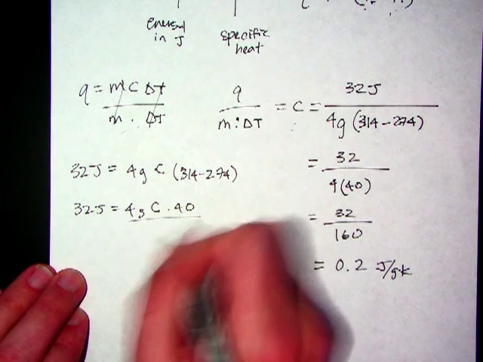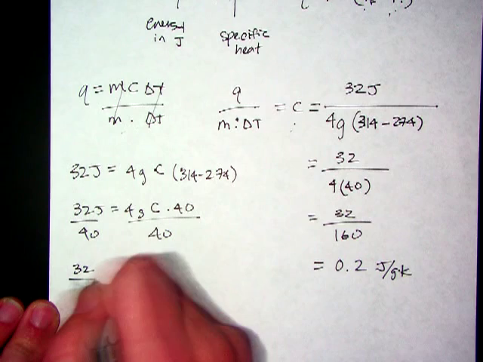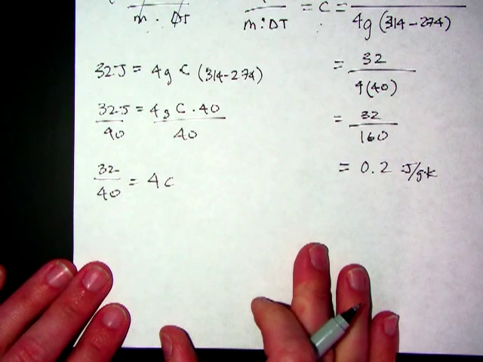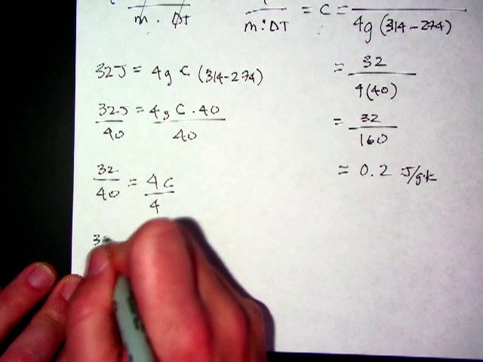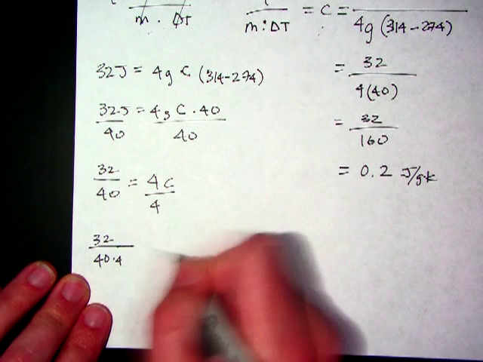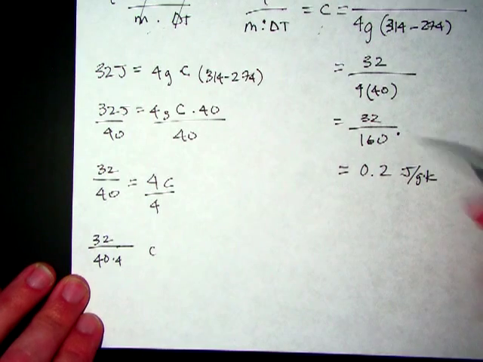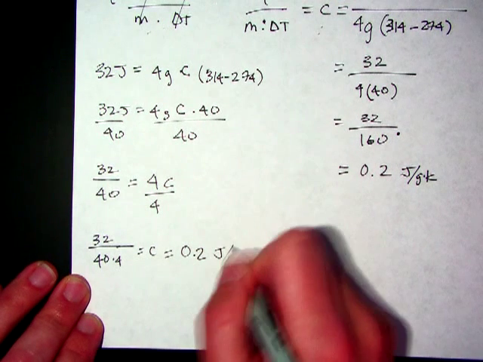You'd have 32 over 40 equals 4 times C. And you still want C by itself, so let's divide by 4 again. So that would be 32 divided by 40 times 4 on the bottom, equals C, which is the exact same thing that I did over on this side. And you get the same answer. Obviously, it would be 0.2 joules per gram times Kelvin.